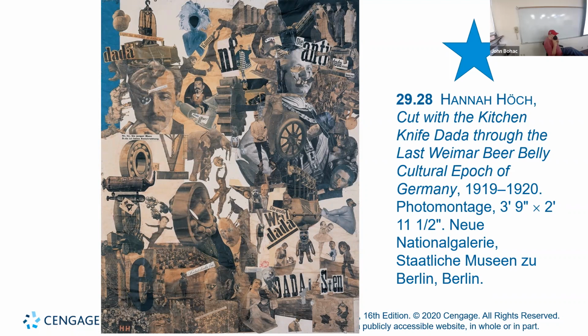There were a lot of corrupt people still making a lot of money while everybody else starved. That happens in these kinds of situations quite often. And so this is really a political piece. And if you were living in Germany in 1919, you would recognize some of these people.